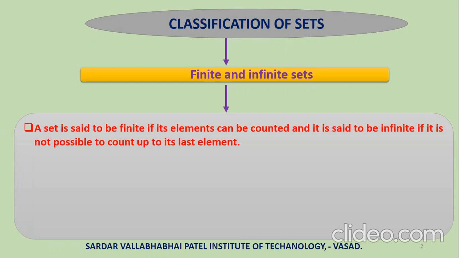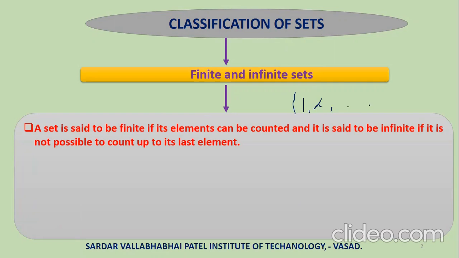As for example, we consider the natural numbers N. In the natural numbers, we don't know what the last value is. We start from 1, then 2, then 3, and so on.